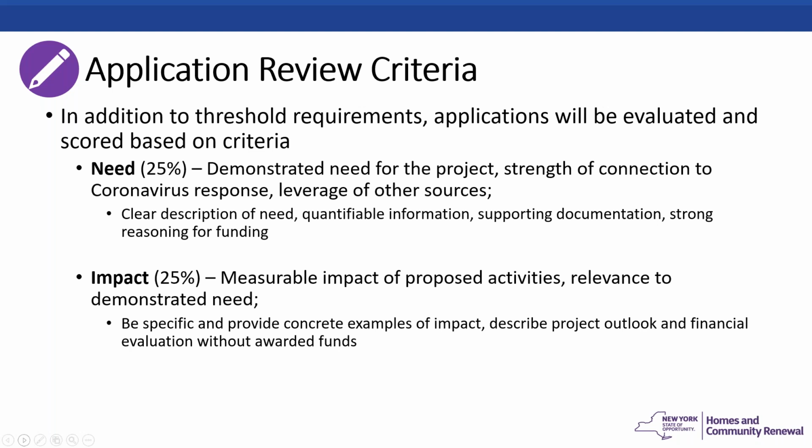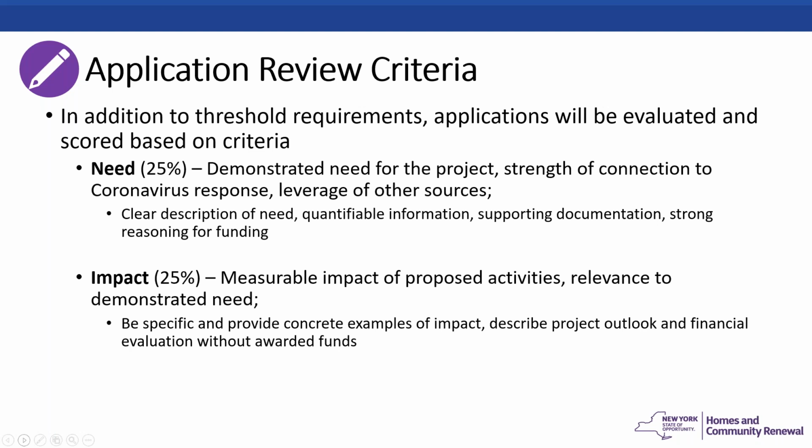for the application review criteria, in addition to threshold requirements, applications will be evaluated and scored based on criteria. For need, we want to see a clear description of what the need is and how it is related to COVID-19 by including any quantifiable or concrete information, for example, the number of people or area affected, and is supported by additional documentation such as support letters, architectural engineering reports, or market analysis.